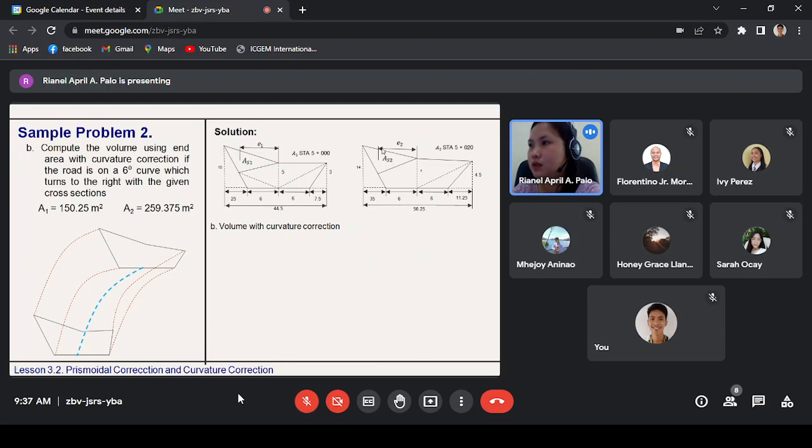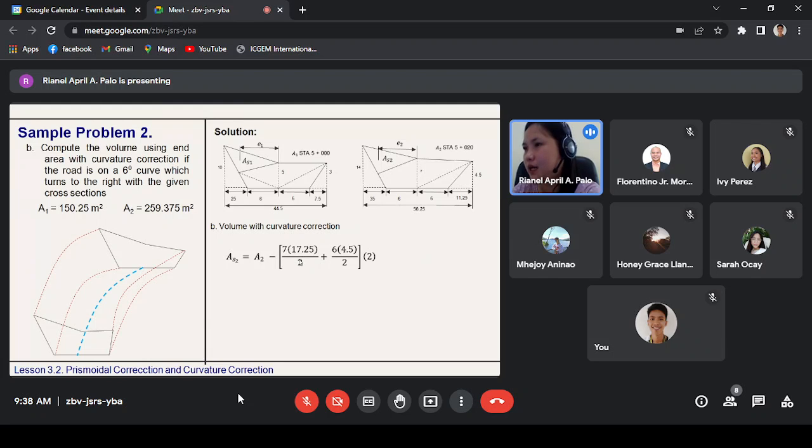So for AS2, we have this one. We compute the area of the left side, then just times 2. Then the axis is the surface area. So cross-sectional area 259.375, we substitute it. Then for triangle 1, the base is 6 plus 11.5, and the height is 7 over 2.